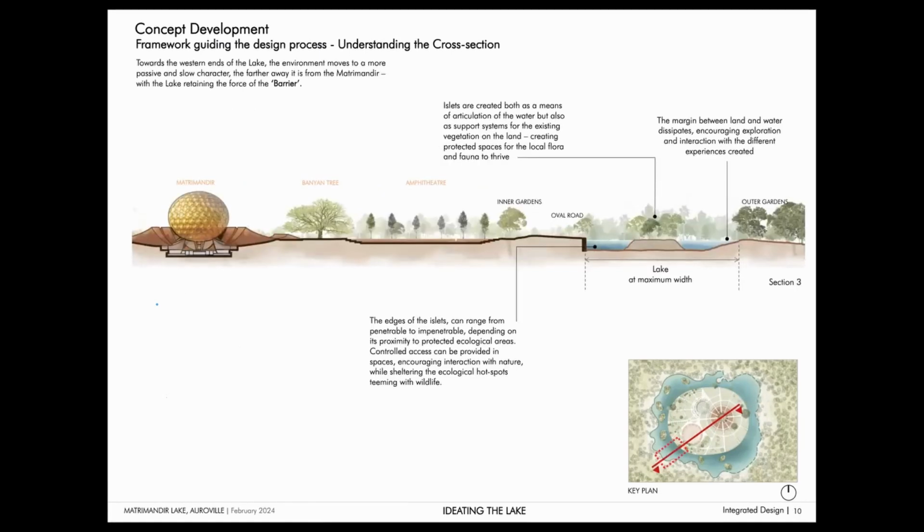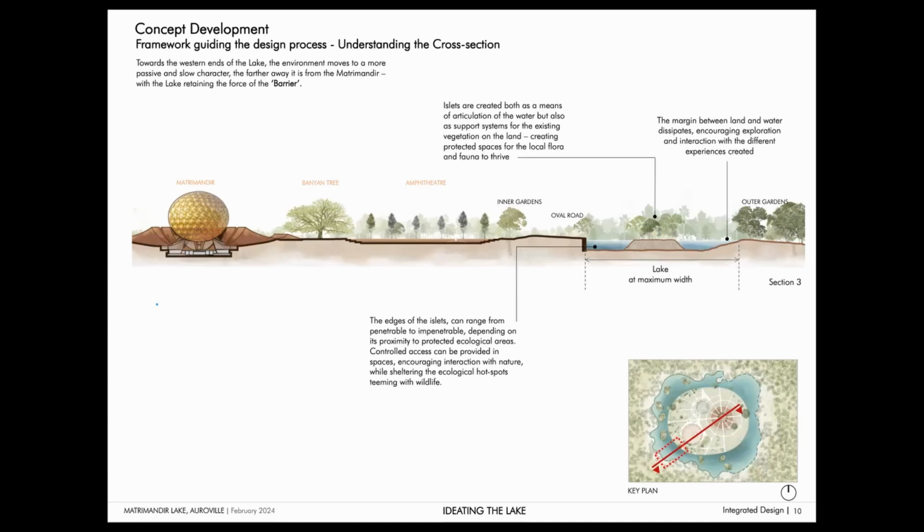Moving further along the same cross section, when the cross section actually moves across the banyan tree and the amphitheater, what is also important is that the varying width of the lake gives rise to the potential of creating several islands.